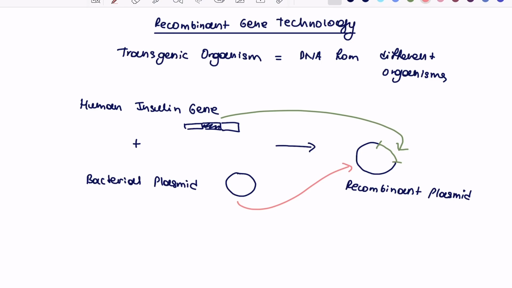The reason for using recombinant gene technology is to make, for example, these recombinant plasmids, which we then put back into bacteria and which can be used to produce a certain protein such as insulin on a large scale.